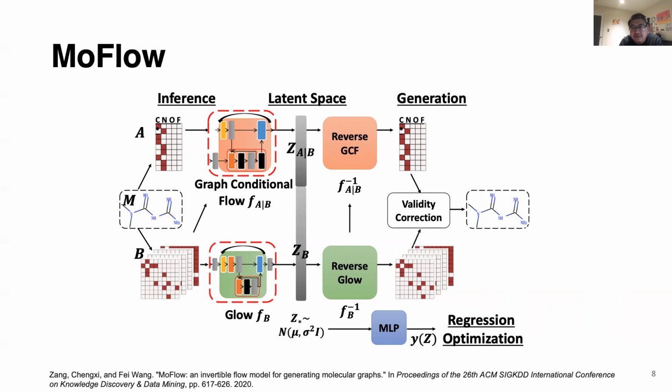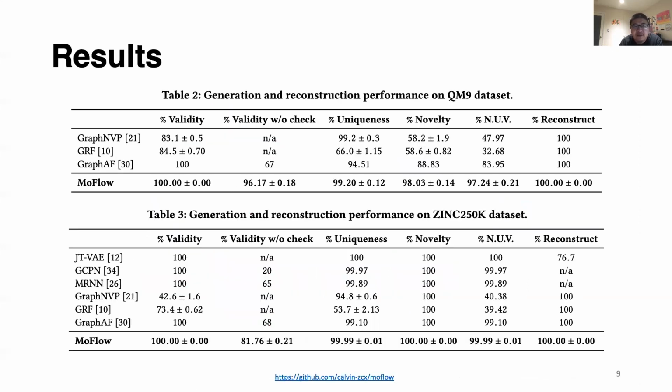And for the generation process, it is the inverse transformations of previous operations followed by a validity correction procedure, which ensures the chemical validity. And for regression and optimization, the mapping between the latent space Z and molecular properties Y is used for molecular graph optimization and property prediction. And this is the result.